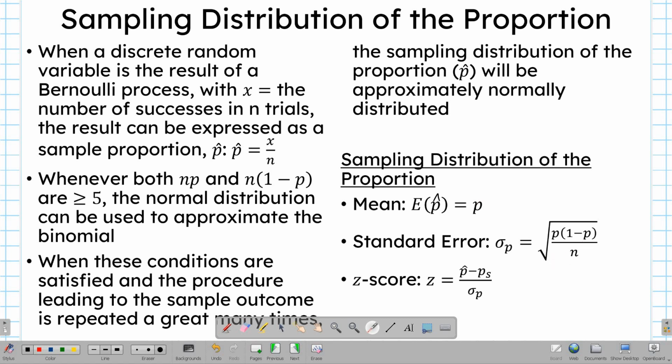The standard error is the square root of p times 1 minus p over n, and the z-score would be p hat minus p over the standard error of the proportion. It's pretty much the same idea; only the formulas are different.